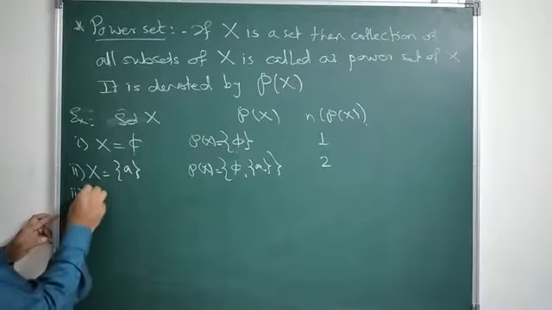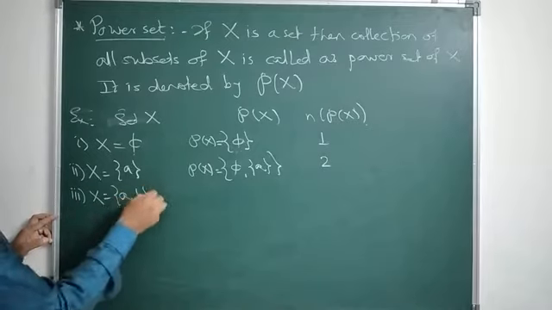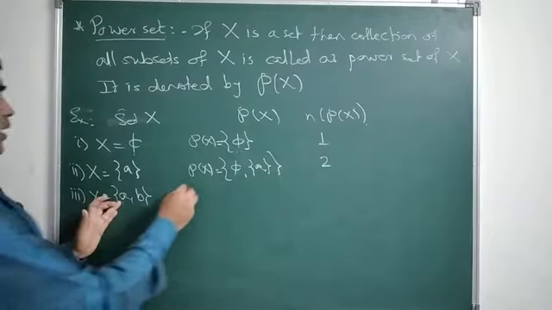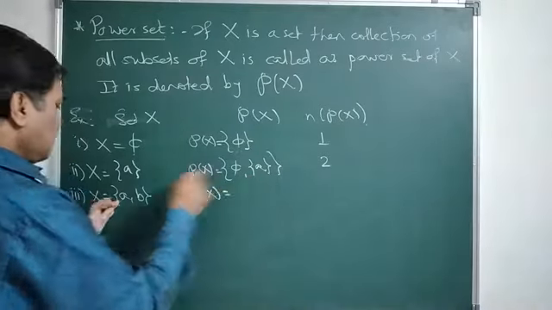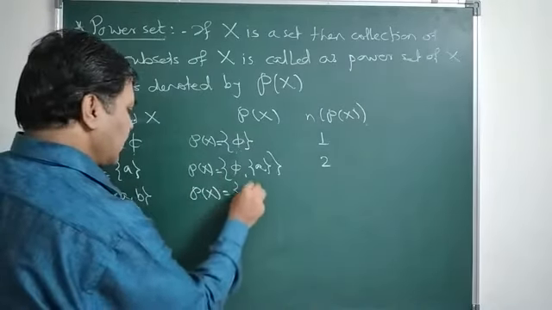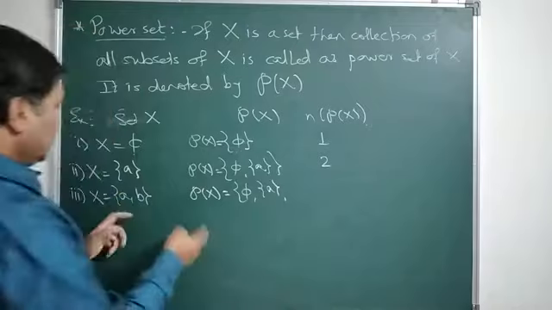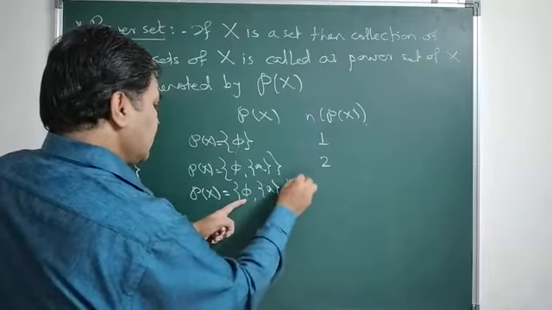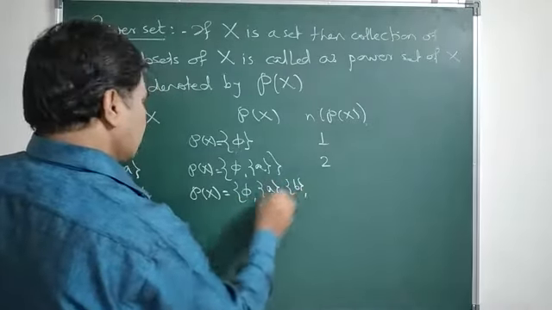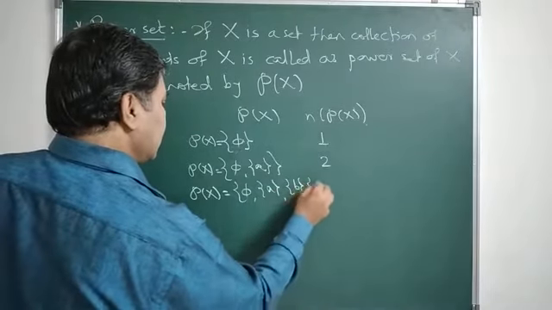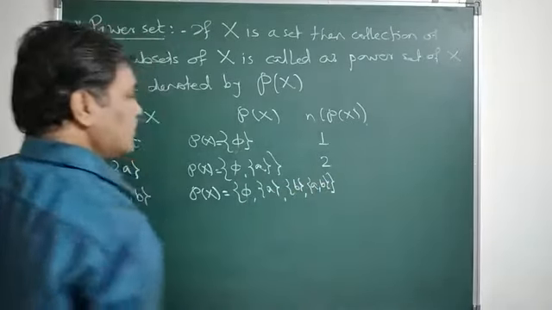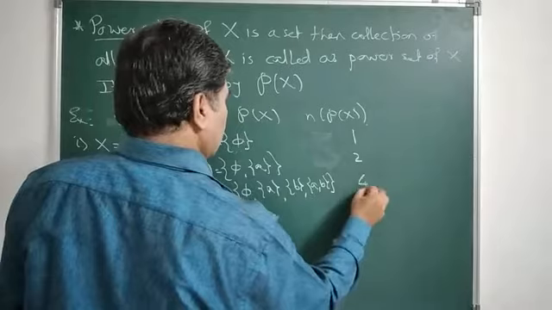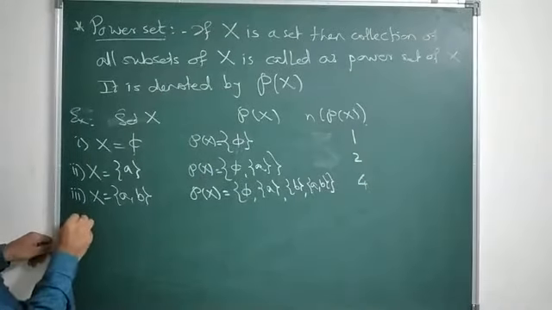Third, if X is the 2-element set {A, B}, for the 1-element set there are 2 subsets. Corresponding to A, I will get phi and A, and then inserting B in phi I will get B, and in A I will get AB. So we will get 4.